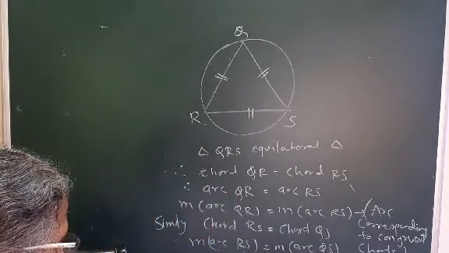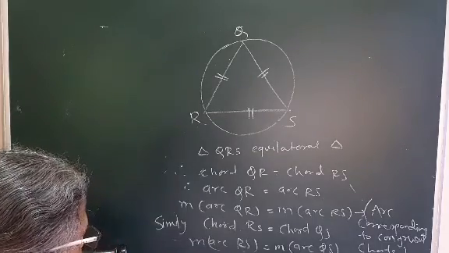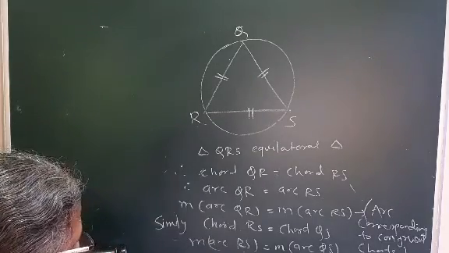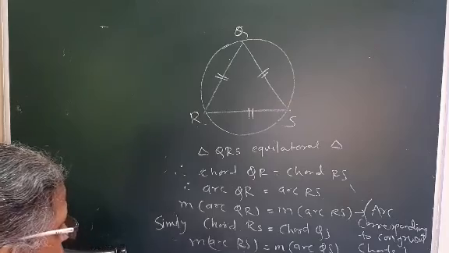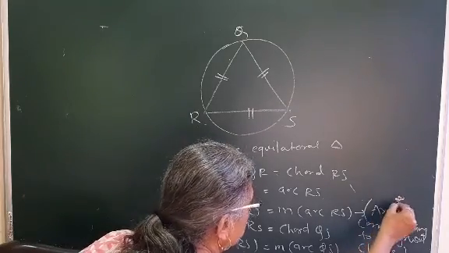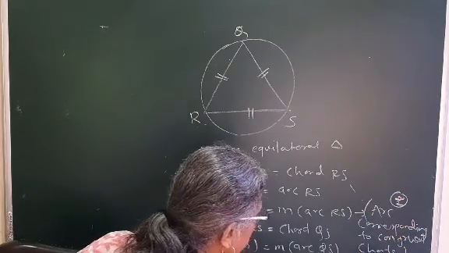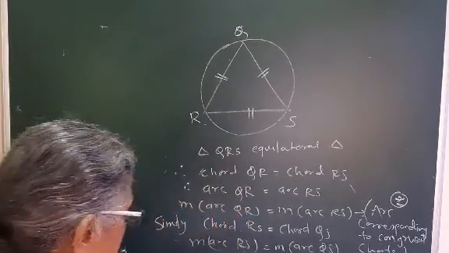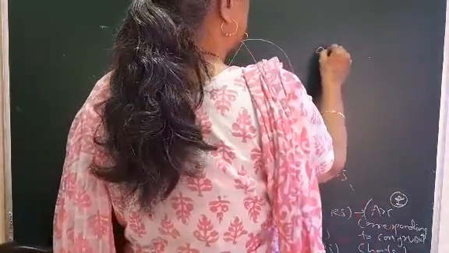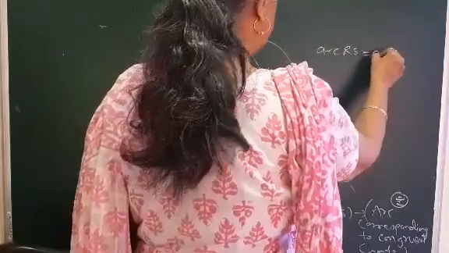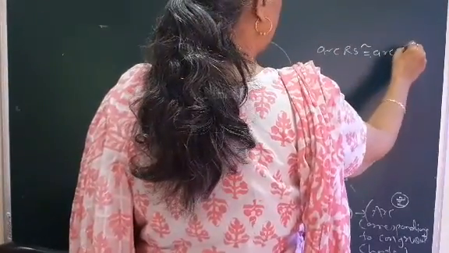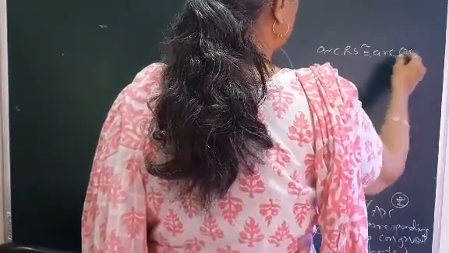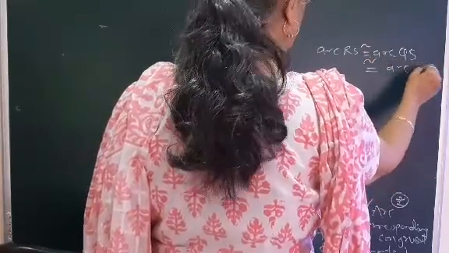So if we compare these three, then we have arc RS congruent arc QS congruent arc QR. So with the same reason, we can have the result arc RS is congruent to arc QS, congruent to arc QR.